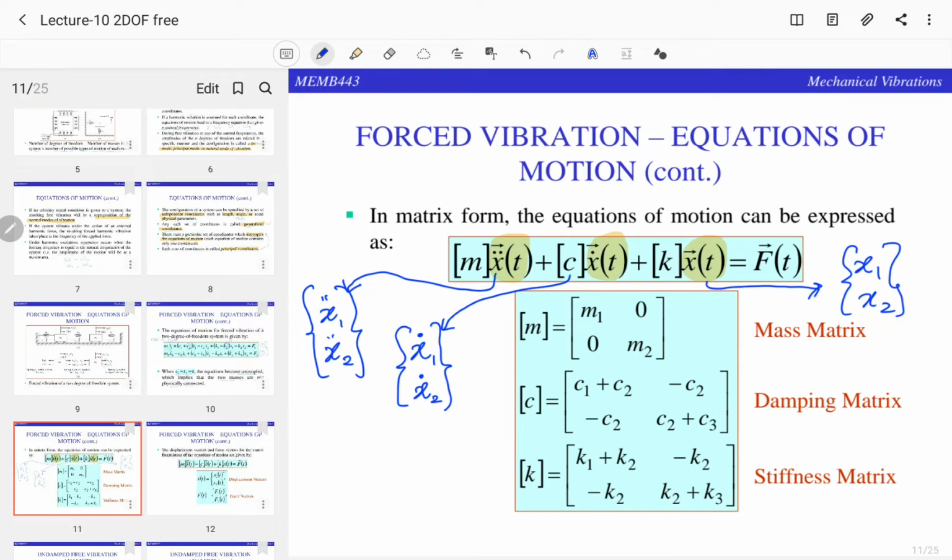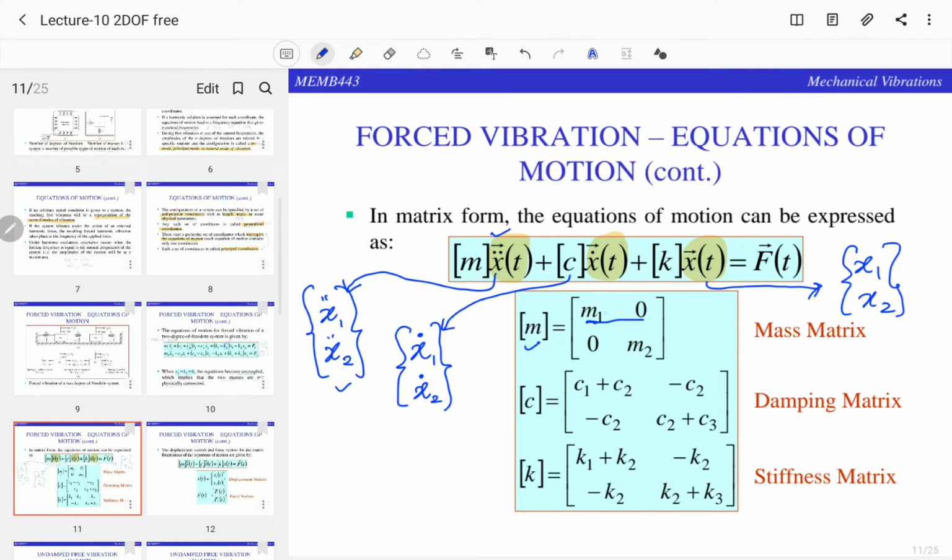If you remember, a matrix is basically rows. For example, this matrix M, if you multiply it with this vector, you will get M1 row times column.